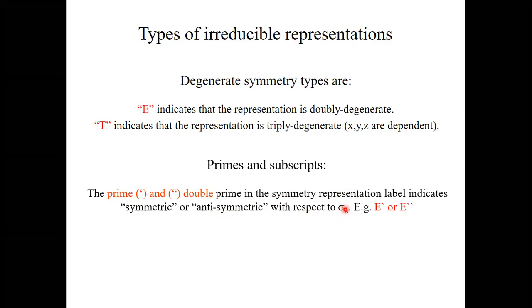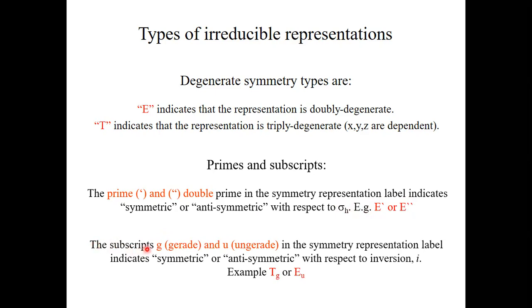So if you have a sigma h present and your wave function, for instance, wouldn't change its algebraic sign upon applying the symmetry operation, then it would be E prime. If it was antisymmetric and the algebraic sign would change, then it would be E prime prime.